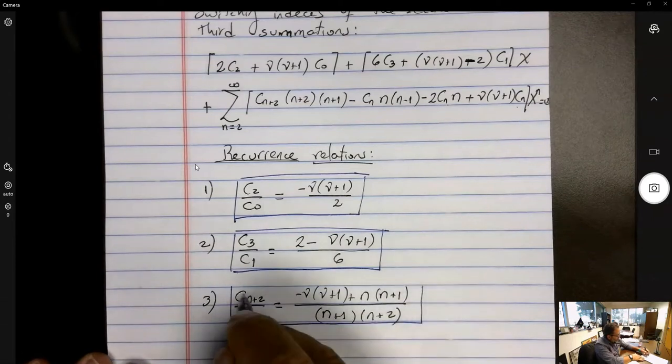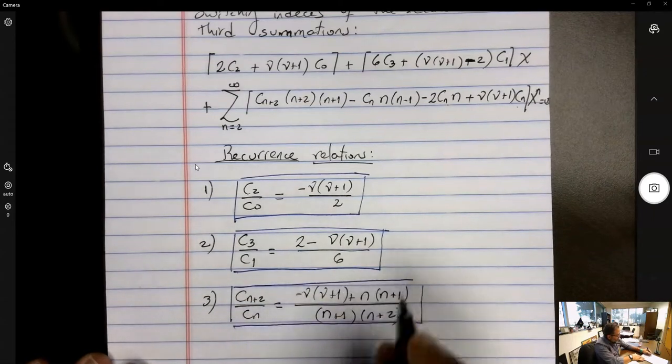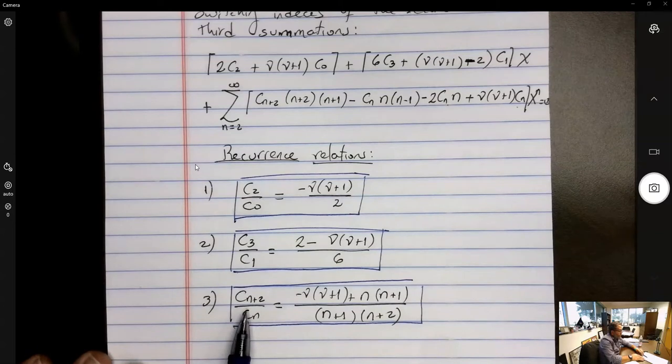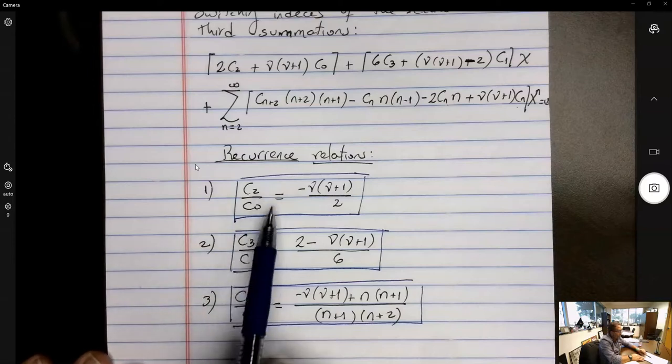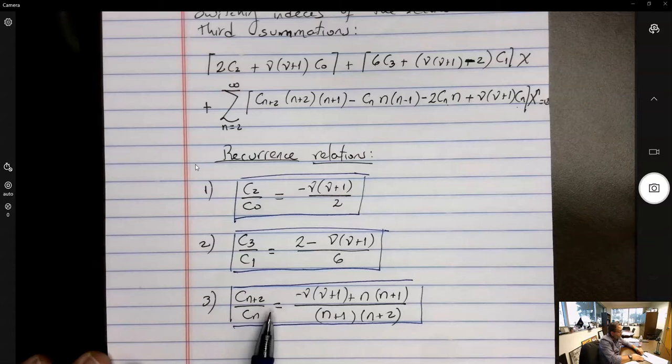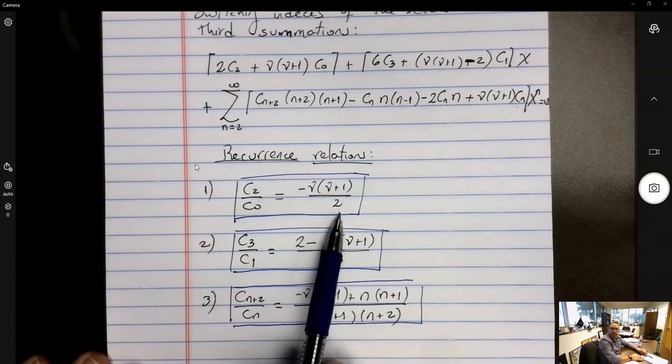And in fact, if you make n equals 0, for example, you'll find exactly this. This third recurrence relation should actually be a generalization of these two. For n equals 0, you have C2 over C0 equal to minus nu times (nu plus 1). This one goes away, and then you get 2 in the denominator, which is exactly this.